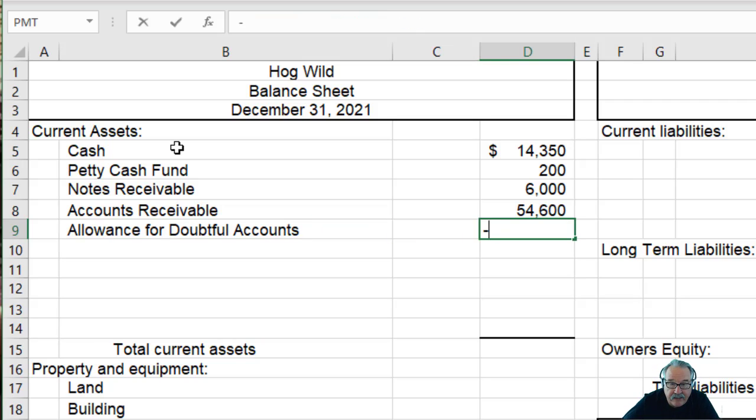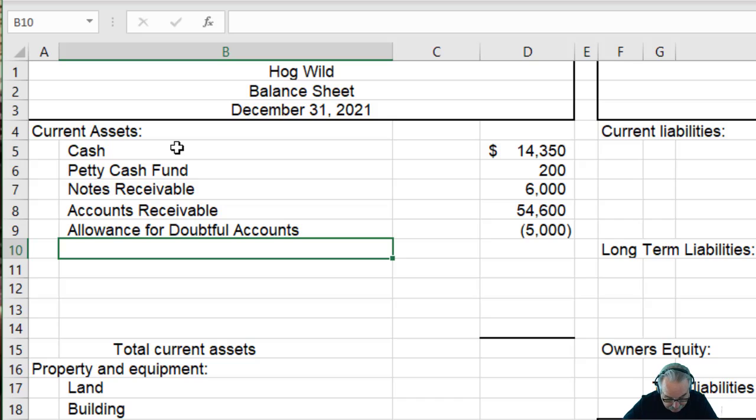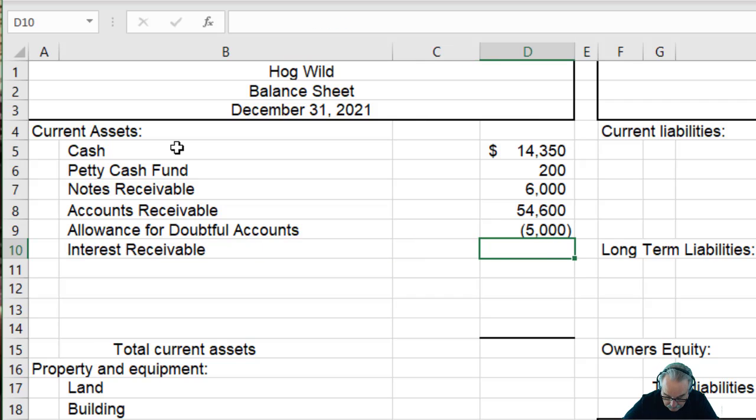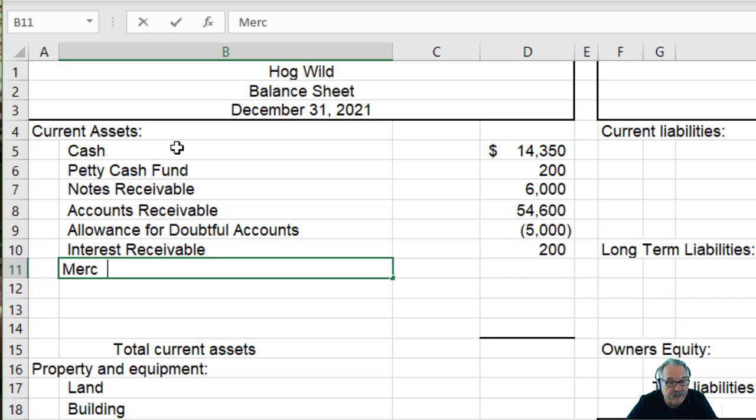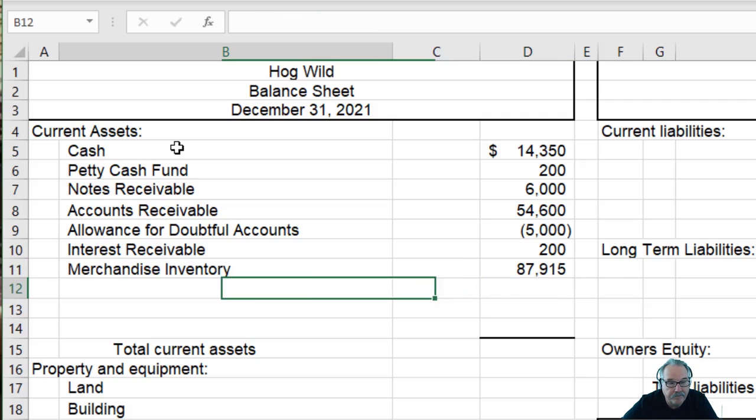And that's a negative asset or a contra asset. It's $5,000. It's a credit balance. Interest receivable, $200. Merchandise inventory, $87,915.